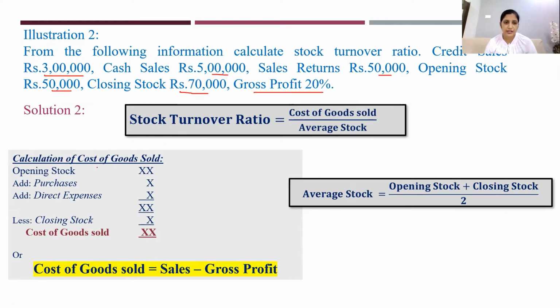And for calculation of cost of goods sold, we have this method, or we also have this method. At present, we'll be using this. That is, cost of goods sold is equal to sales minus gross profit, because we know sales and gross profit. And we'll calculate the average stock, that is opening stock plus closing stock divided by 2.